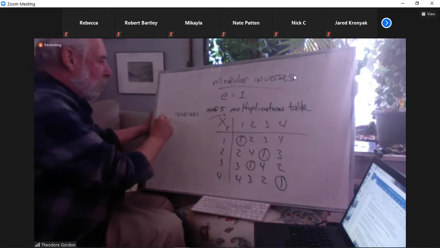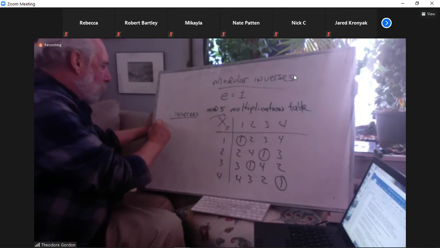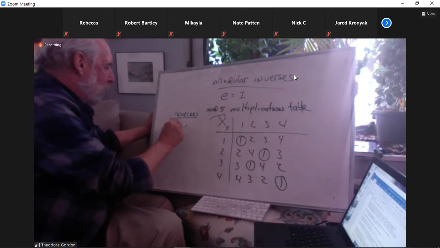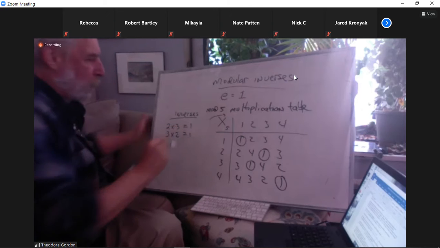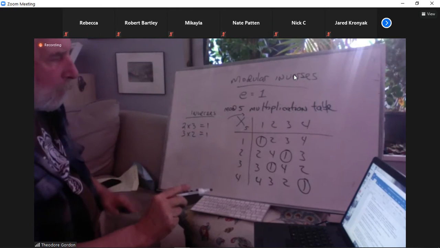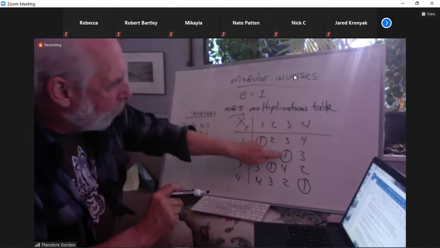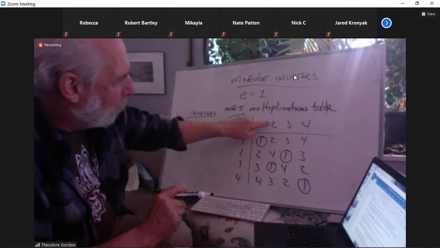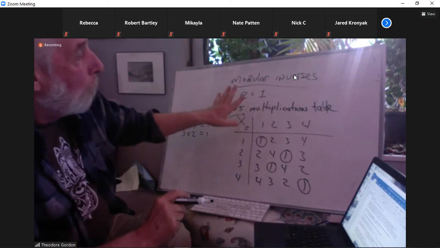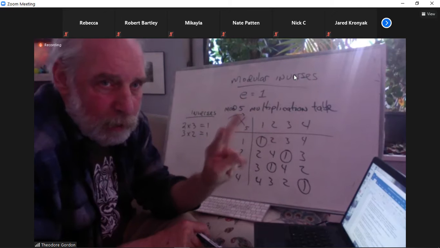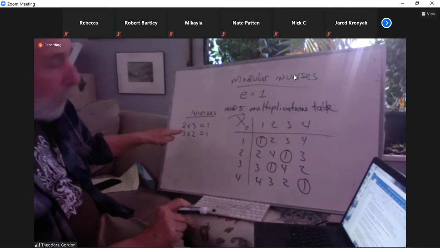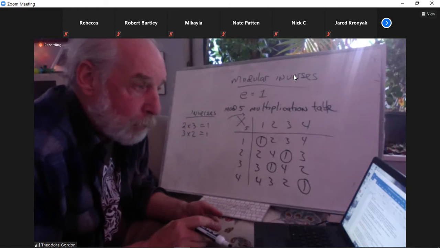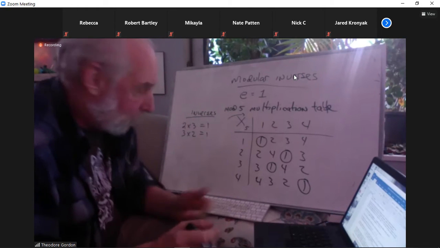So inverses. We see that 2 times 3 is equal to 1, and 3 times 2 is equal to 1. Modular multiplication is commutative in the systems we are using. So this means that 2 and 3 are multiplicative inverses of each other.